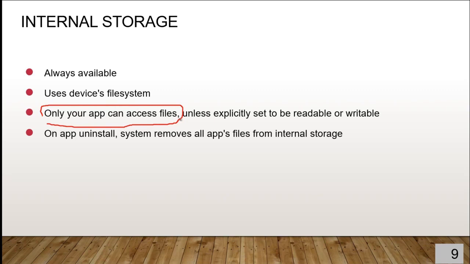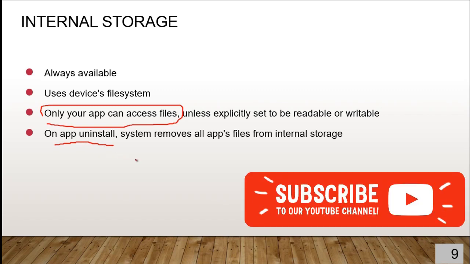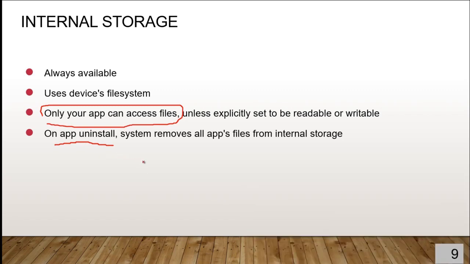If you want to make them publicly available to other apps, we use content providers, as I discussed in the previous slide. So if you have stored your data to the internal storage, when you uninstall the app, the system will remove all the files that belong to your app from the internal storage.